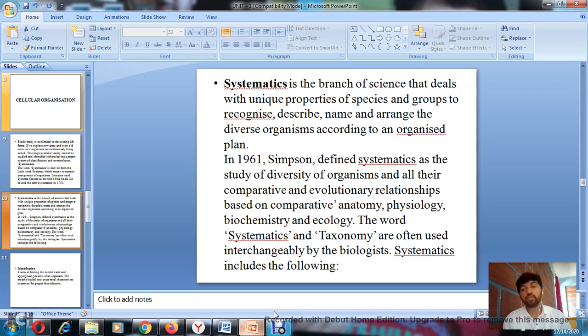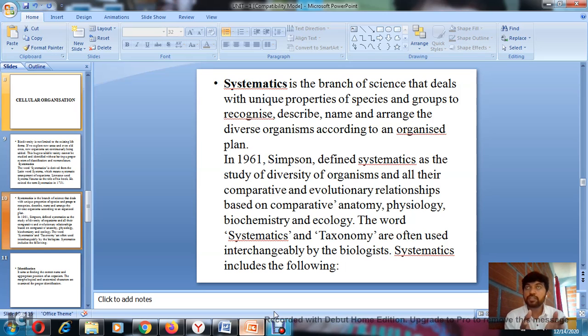And in 1961 Simpson defined systematics as the study of diversity of organisms and all their comparative and evolutionary relationships based on comparative anatomy, physiology, biochemistry and ecology. It is a study of diversity of organisms.